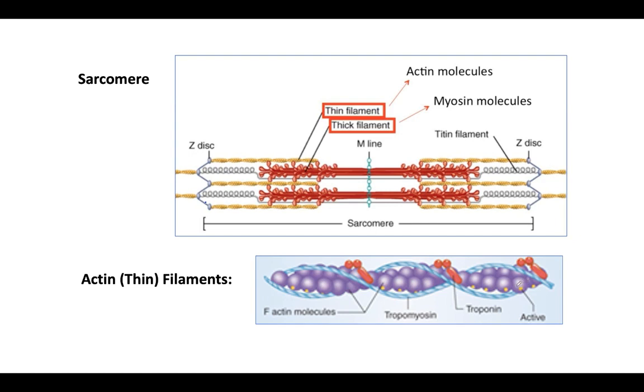And when you look at the actin molecule, there is some bright spot. This is the active site of the actin protein. Some portion of the actin protein is an active site. This site is for the contact of the myosin head for the occurrence of contraction.